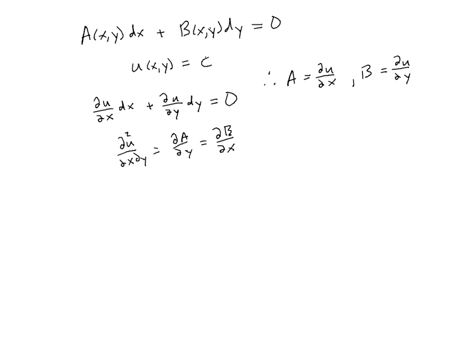And we can find u because if this is the case, what that means is that we can just take the integral of a dx, and that should be equal to the integral of b dy, right?